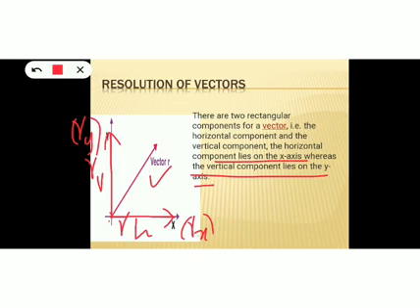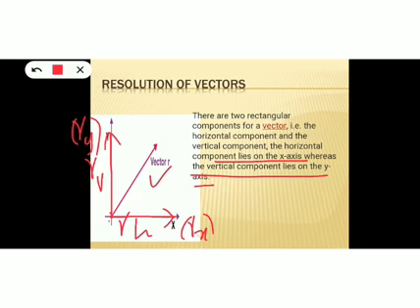Okay, so resolution of vectors means resolving a vector along two mutually perpendicular axes. Here the vector R has been resolved into two mutually perpendicular components, one along the x-axis and another along the y-axis.